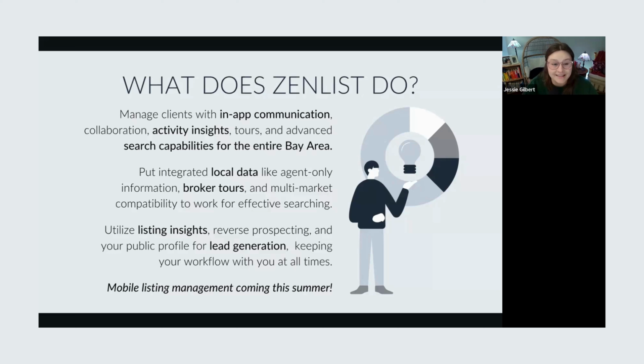You'll have access to local data that's important to you in your markets. You'll have a complete search for all of North Carolina, so that Bay Area search. You'll have everyone there, so you're not going to be missing out on anything. You don't have to use any more than one account for you or your clients, as well as things like those broker tours that we mentioned. There's a public profile that I'm going to show you, and tons more built into the Zenlist app.